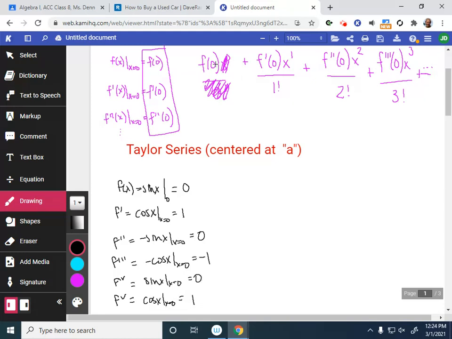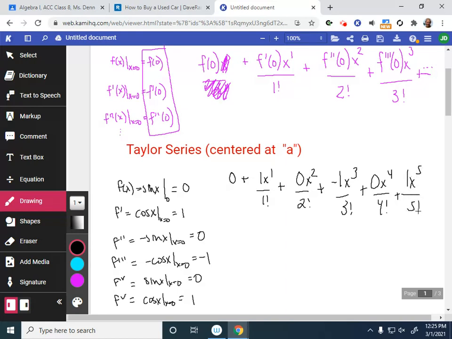All right, let's go write the series. We're going to start with f of 0 plus the first derivative at 0 times x to the first over 1 factorial plus the second derivative at 0 times x squared over 2 factorial plus the third derivative, x to the third over 3 factorial plus the fourth derivative plus the fifth derivative, and so on and so on.